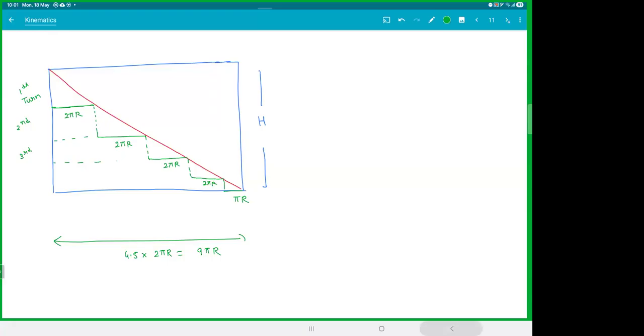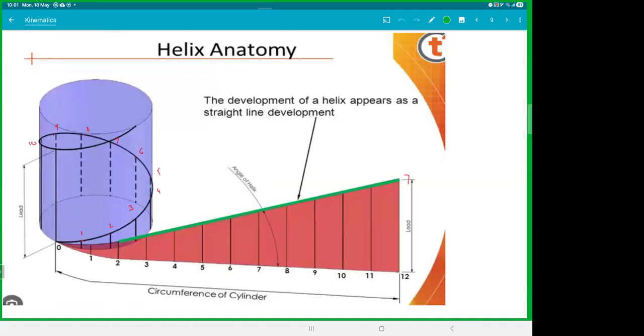Look at the picture there. This will help you to visualize, isn't it? Look at each section here. Isn't each section 2 pi r?